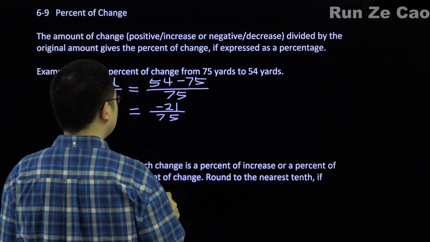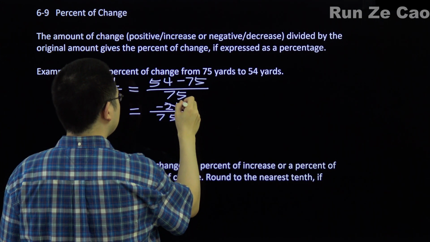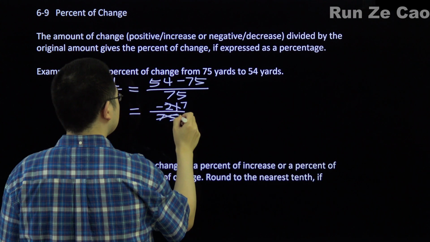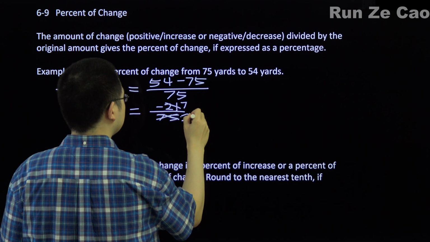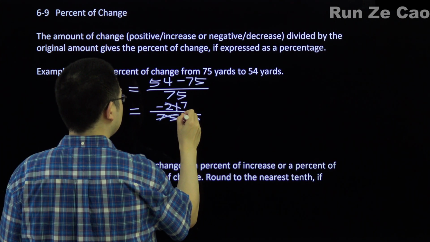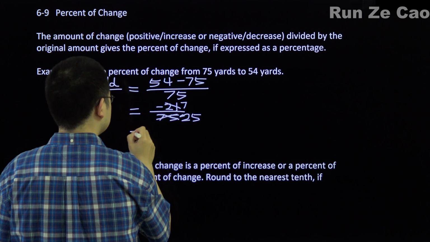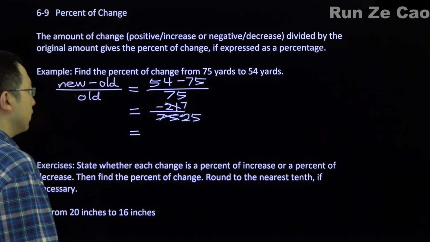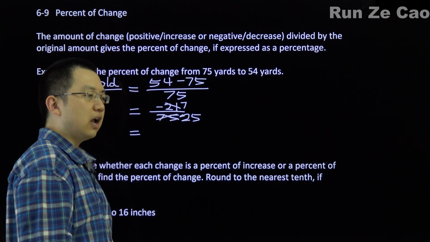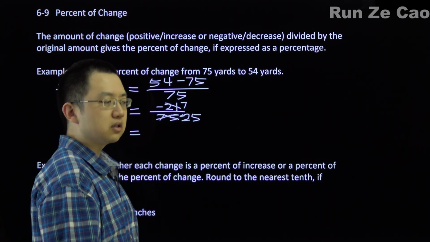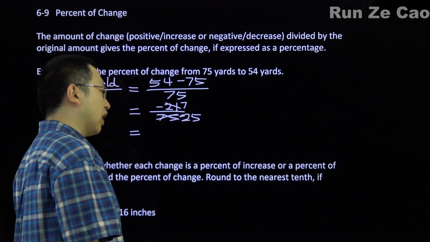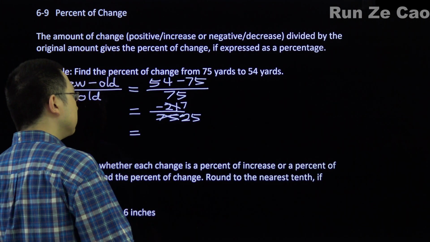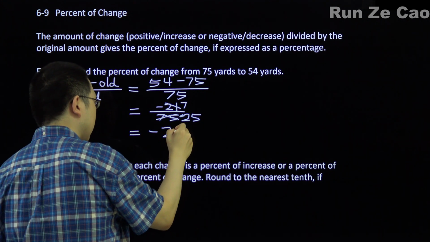So if you cancel out a 3, you end up with negative 7 on top and 25 on the denominator. So that means negative 7 over 25. Dividing by 25 is going to give you 4% for each point on top, which means that this is going to be negative 28%.